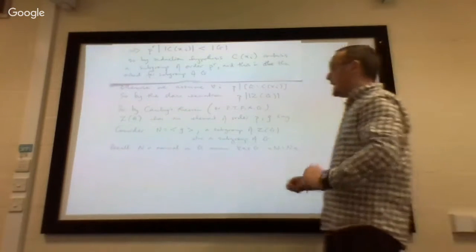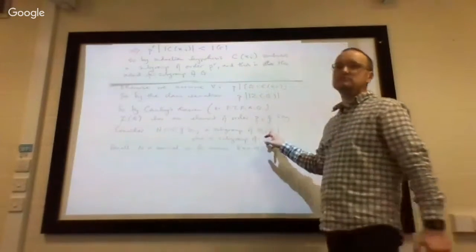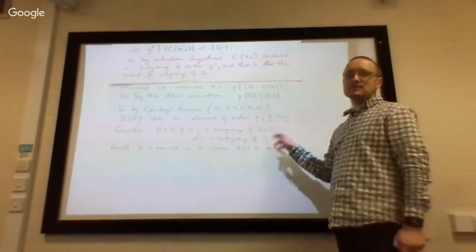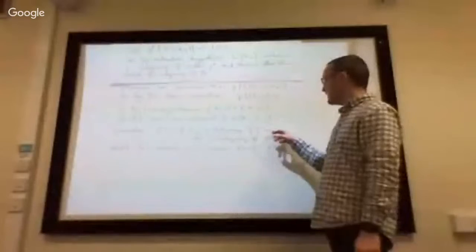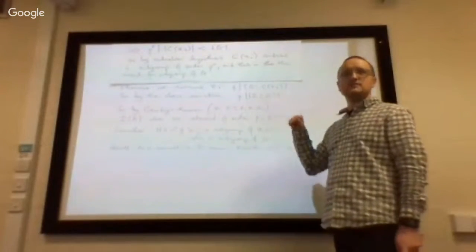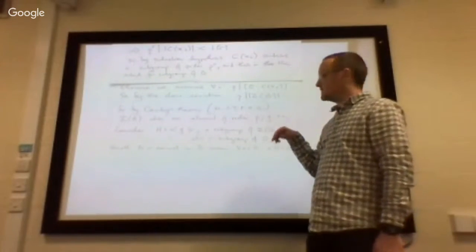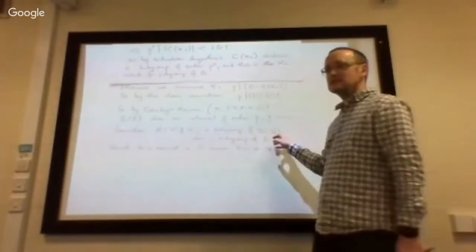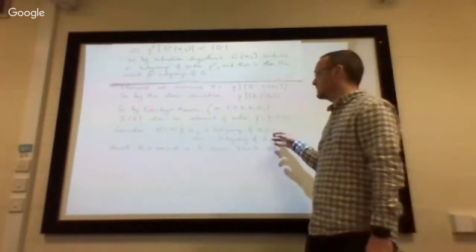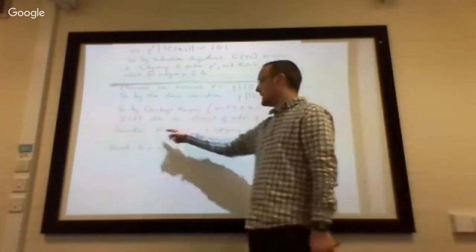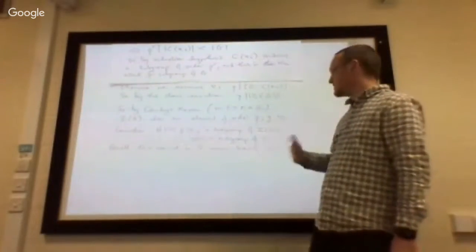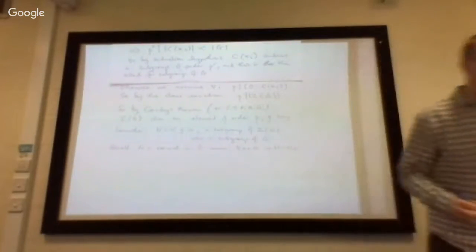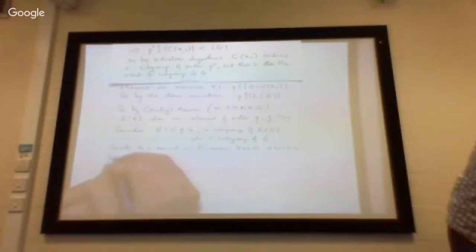But you see, N is a subgroup of the center. The center is extremely special. It consists of elements that commute with everything in G. Maybe N is all of it, maybe not, but it's a subgroup of it. So everything in N commutes with everything in G.